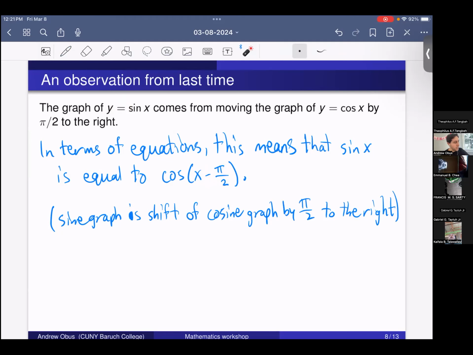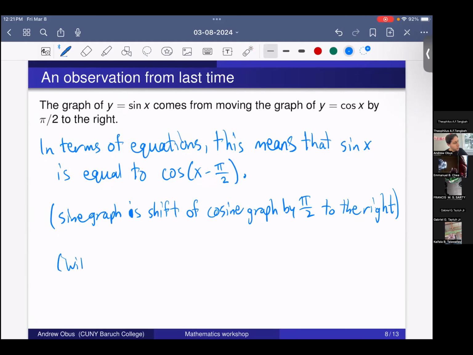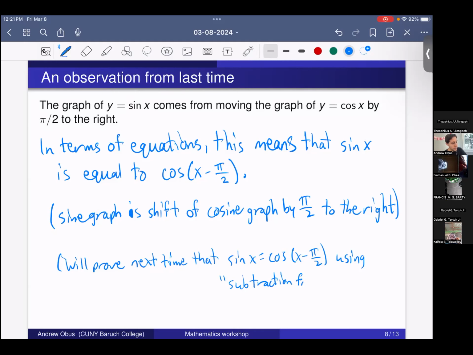And so we see this graphically. In fact, we'll prove next time that this is true, that sine of x equals cosine of x minus pi over 2, using what we call the subtraction formula. We'll prove this just using algebra next time, not using any graphs.